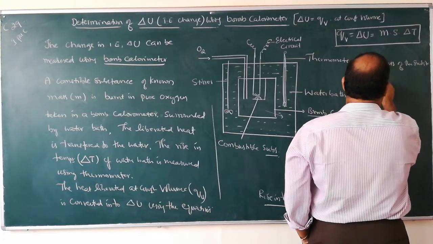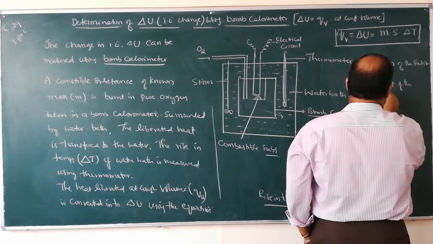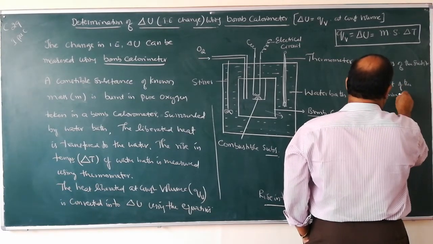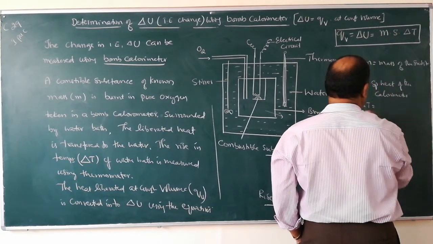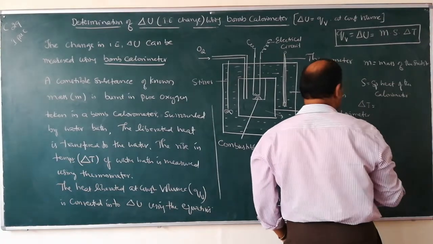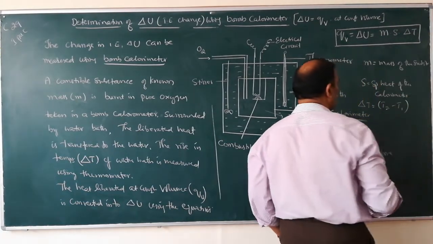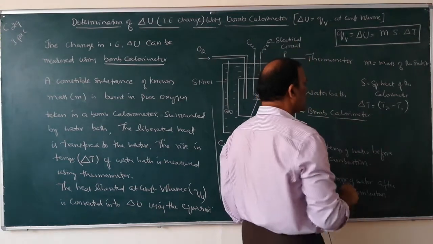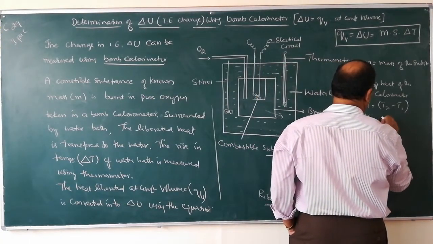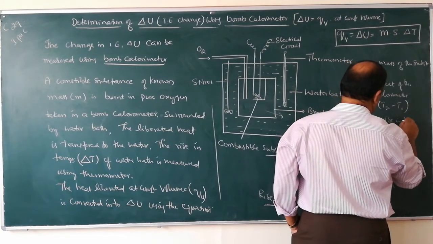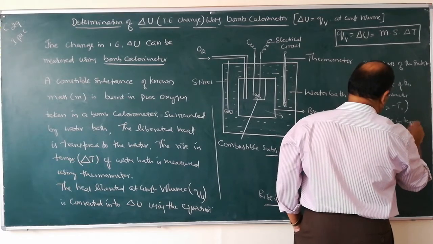S equals specific heat of the calorimeter. And delta T equals T2 minus T1, that is equal to rise in temperature of water.